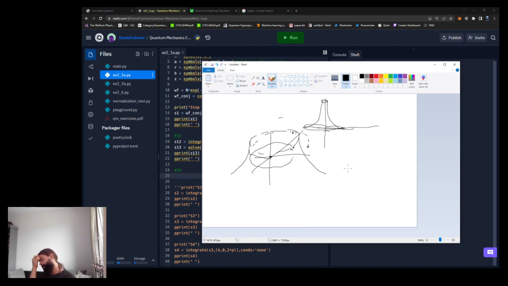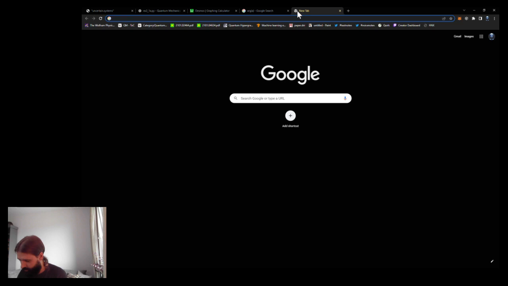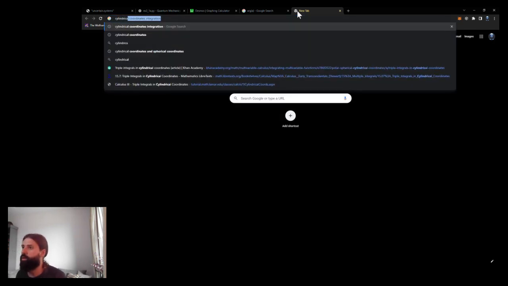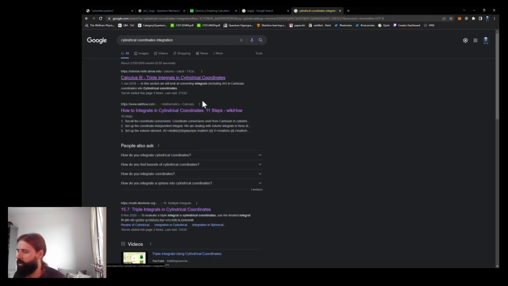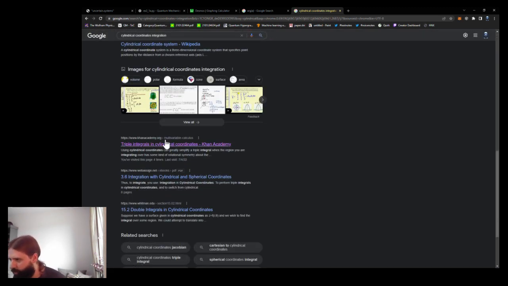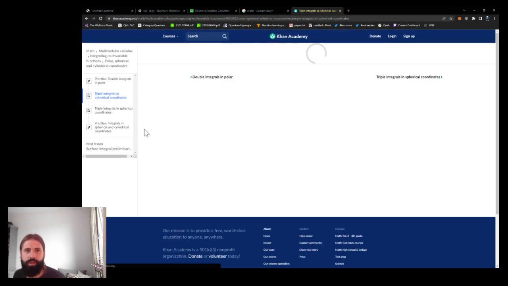Because this is already 3D directly. So as we said, it should be cylindrical coordinates integration, which, for the 100th time, I'm visiting this page.